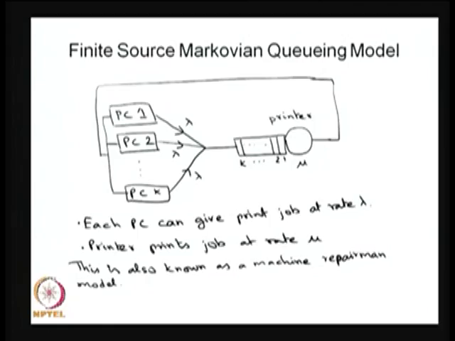Application of a continuous time Markov chain, that is a finite source Markovian queuing model. This model is also known as the machine repairman model, and you can think of these PCs as the machines, and this is the repairman.